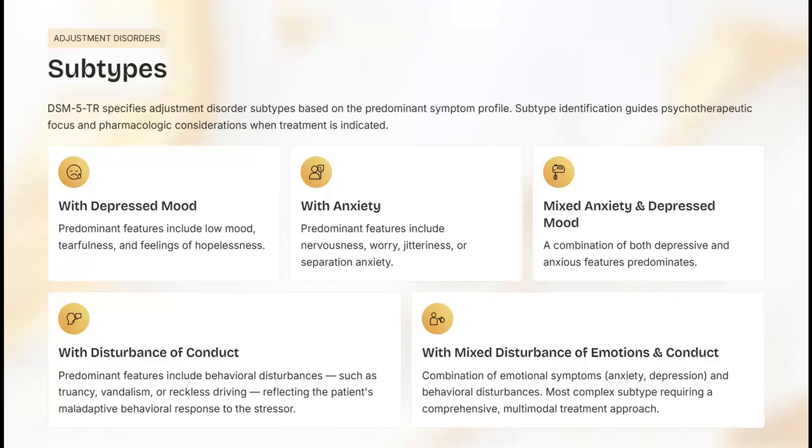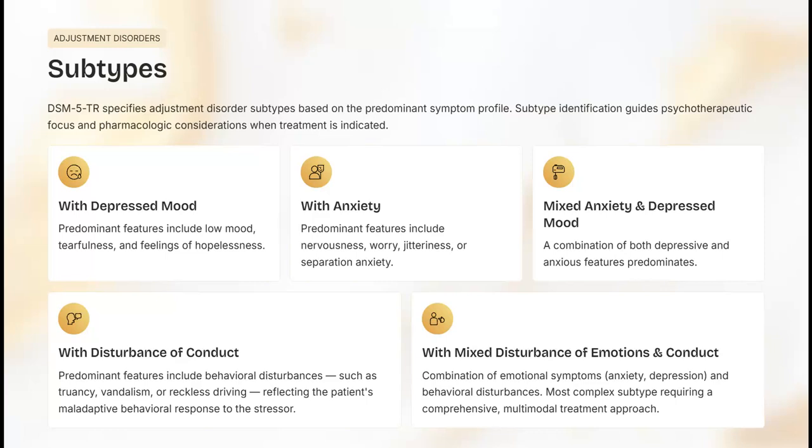settings. With mixed anxiety and depressed mood, both emotional symptoms present together, and that often occurs when stressors are ongoing or it involves multiple life domains. With disturbance of conduct, there's behavioral problems like truancy, vandalism, reckless driving.